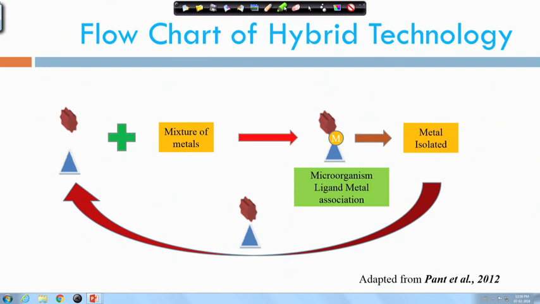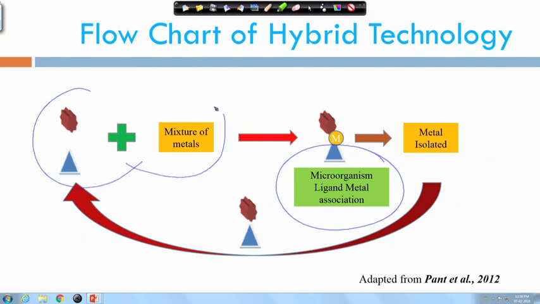You have certain reactions going on with the microorganisms, then you have a mixture of metals plus bacteria and other material. Then some metals are still left, but the targeted metal can be isolated. Then we can repeat the process for the next metal, and the next metal. This is how it can typically be done.